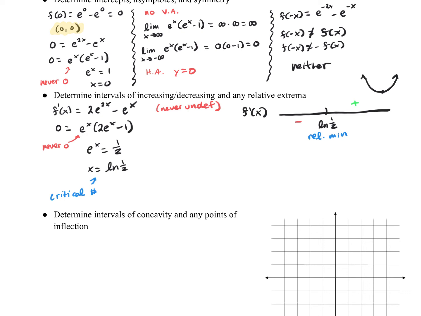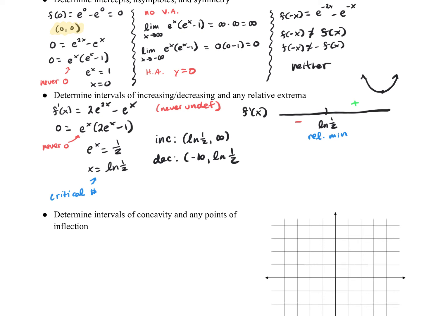So let's describe our intervals. So our graph is increasing here, so from the natural log of 1/2 to infinity, and it's decreasing from negative infinity to the natural log of 1/2. And we need to figure out what the coordinate of that minimum value is.